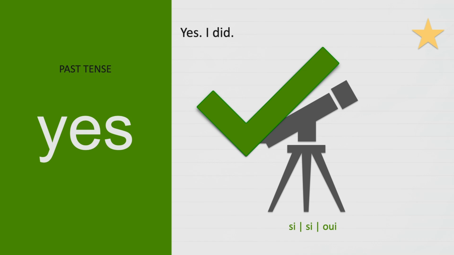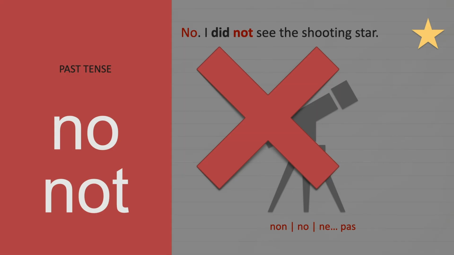But if you did not see the shooting star, you can say, no, I did not see the shooting star. You can always use no and not together or interchangeably, however you feel comfortable expressing yourself.